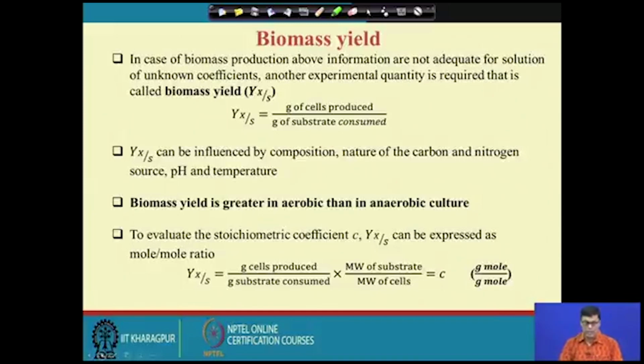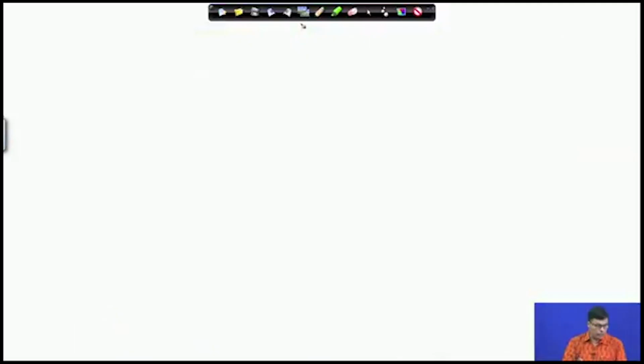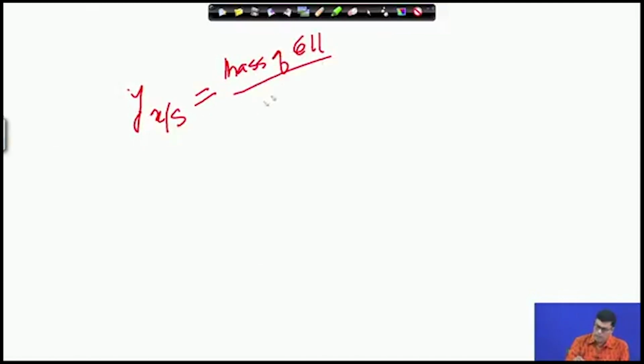Now, biomass yield is another very interesting thing. Let me explain that. Yx by s is equal to the mass of cells per mass of substrate consumed.